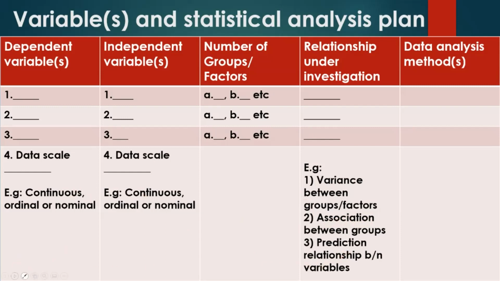But we'll see more of that ahead. You have to break your dependent and independent variable apart, especially your independent variable. You need to identify the groups that are there. Unless you are doing only correlation. If you want to do an analysis other than correlation, then you should be able to identify groups out of your independent variables.